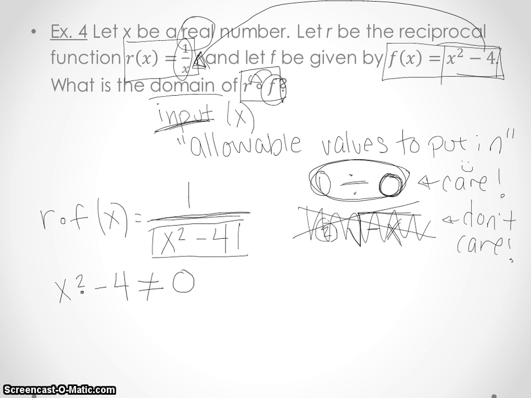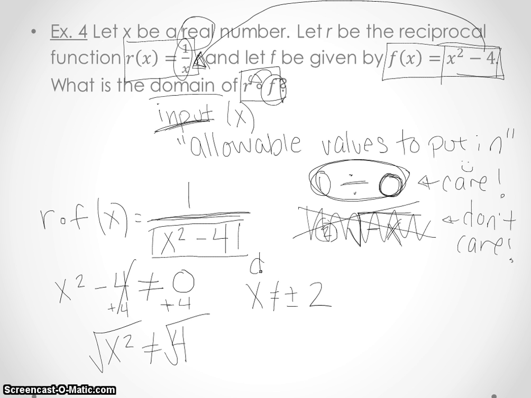All right? So then I have to actually figure out what x is going to be. So let's add 4 to both sides. And I have x squared does not equal 0 plus 4, which is just 4. And then if I wanted to just find x, I would square root both sides, and I would get x cannot equal, well, square root of 4 is plus or minus 2. Okay?